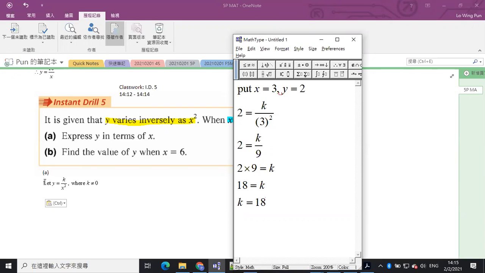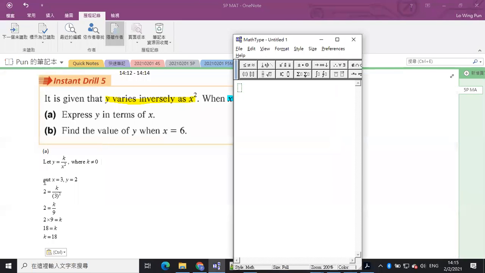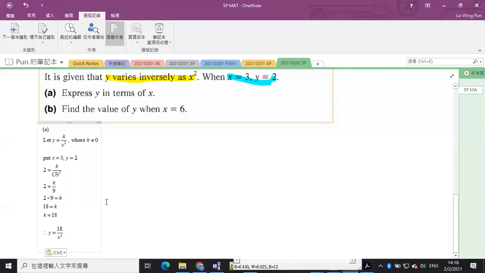When you have found the value of k, you write down the complete equation. Your equation is y equals k over x squared originally, but k has been found to be 18, so it should be y equals 18 over x squared. That is the answer of part A. Is that okay?